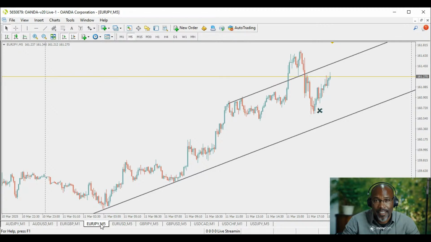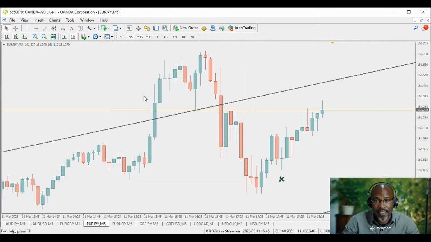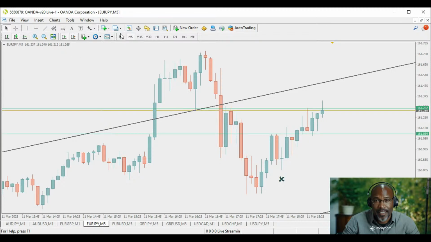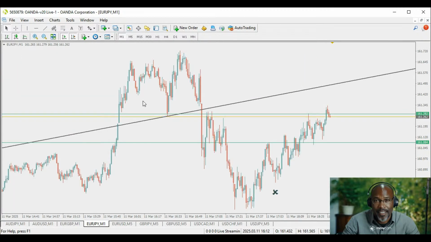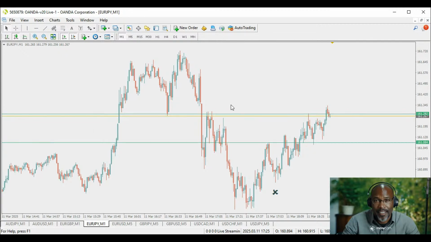Five, 10, 15, 20. This pair is struggling against two resistance levels here.